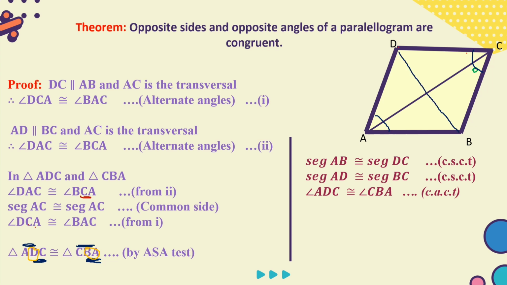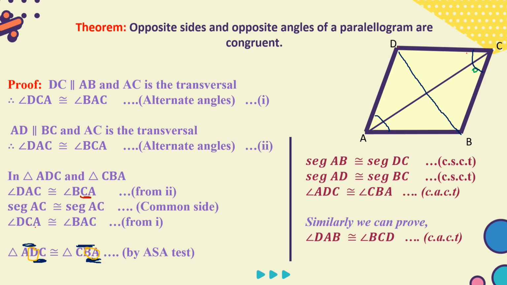We have to draw a diagonal BD, and then we have to prove that triangle ADB should be congruent to triangle DCB. Okay. Triangle ABD should be congruent to triangle DBC. Once we prove that, then we can say that angle DAB is congruent to angle BCD. Clear?